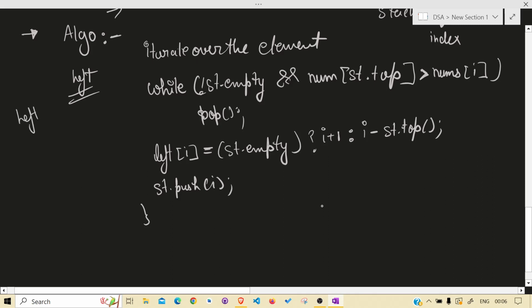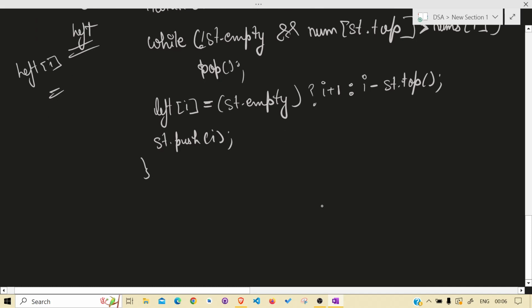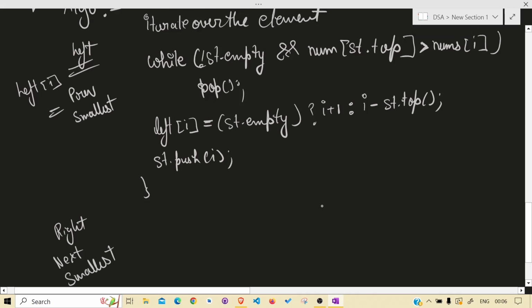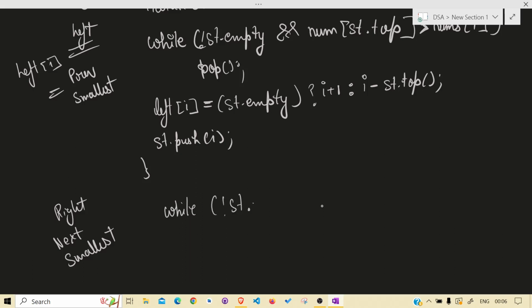Left, by the way, is a vector for obvious reasons. Now calculating right. Left is previous smallest. Right is next smallest. Very similar to above, but let me write it again over here.